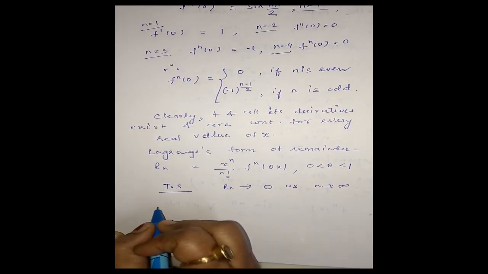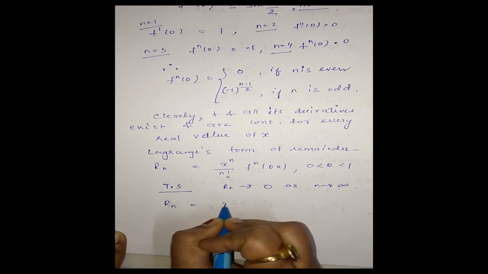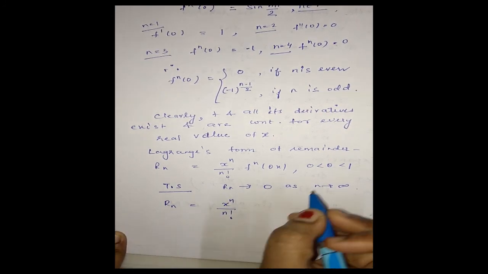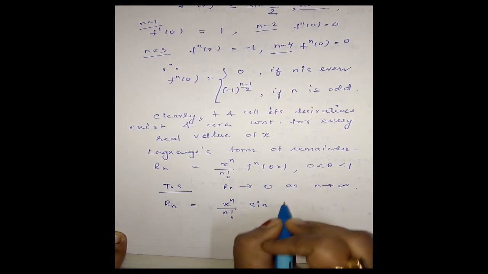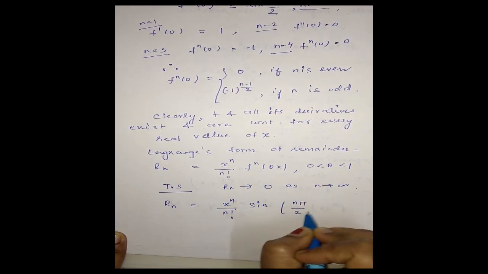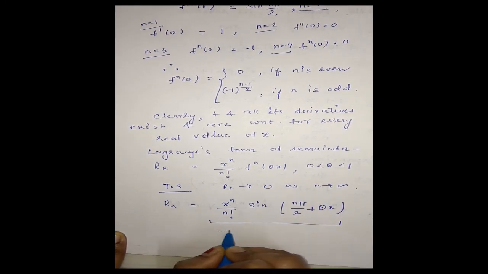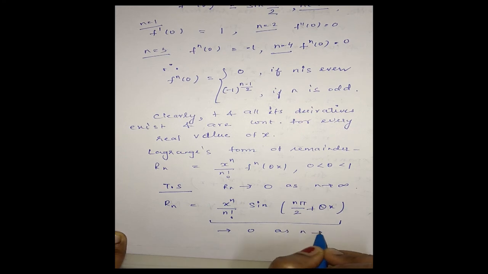Now R_n is equal to x^n by n factorial and f^n(theta x) will be sin(n pi by 2 plus theta x). We have to show this tends to 0 as n tends to infinity. This we have to show.